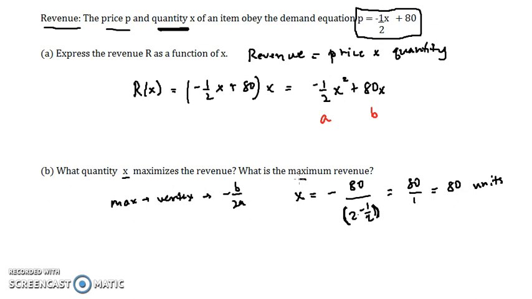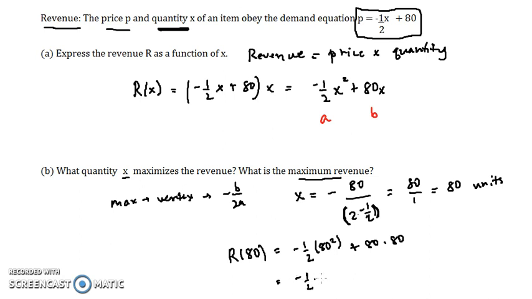Now, what is our maximum revenue? We want to plug that back in. So we plug that back into our revenue equation. We plug 80 in here. And we're going to have -1/2 times 80 squared plus 80 times 80. And I don't have a calculator here, but this should be easy enough to do.